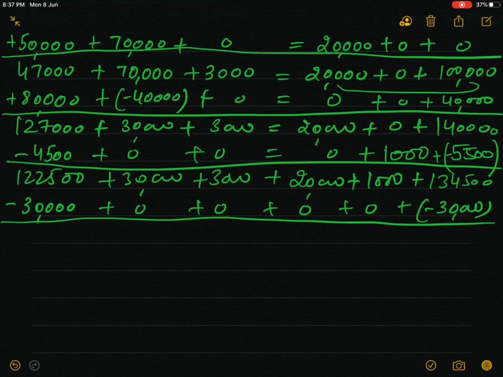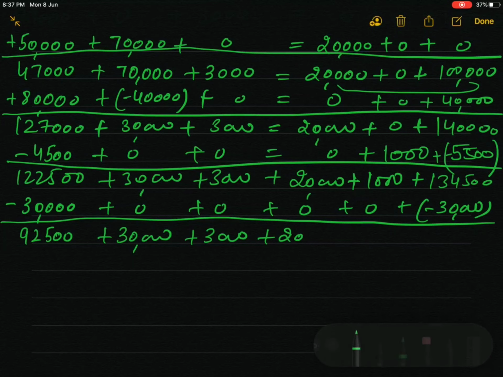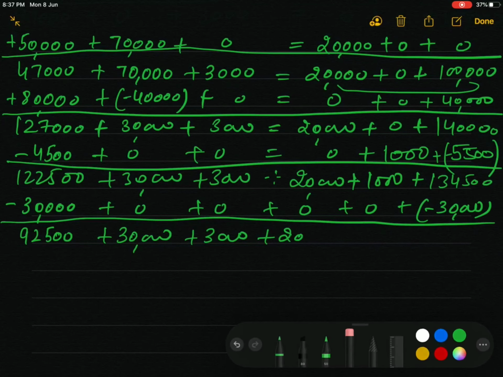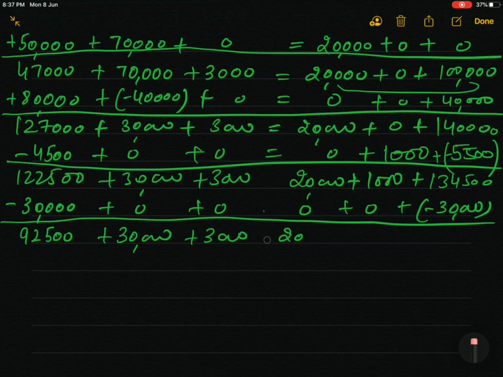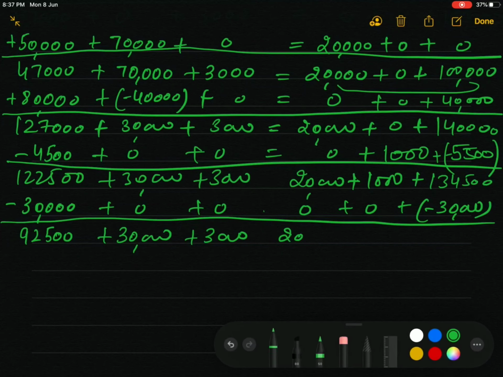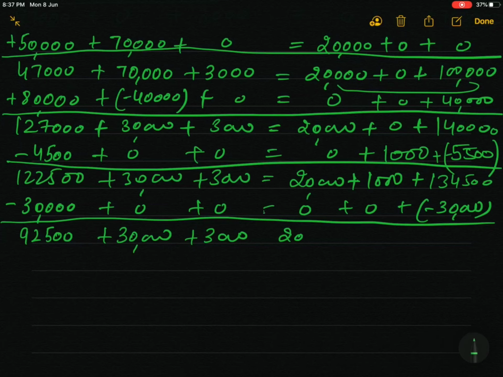Our final equation, or we can say the new equation, is 92,500 plus 30,000 plus 3,000 plus 20,000 plus 1,000 plus 1,04,500.